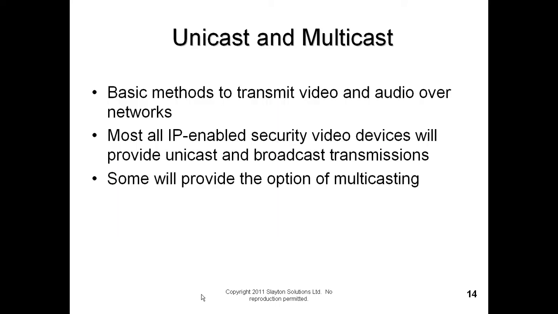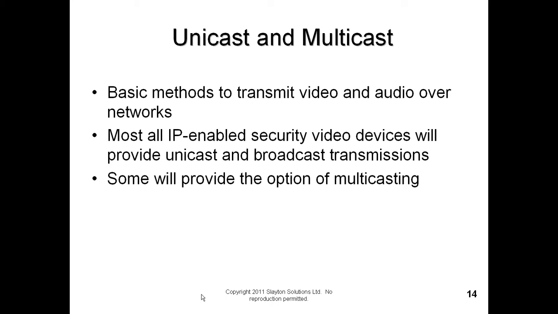So now we've got a couple of ways that we can allow multiple users to receive video and/or audio simultaneously over a network. So we're talking now about 2 or more people who want to view a camera at the same time, or they want to view a camera and get the audio from the camera at the same time.